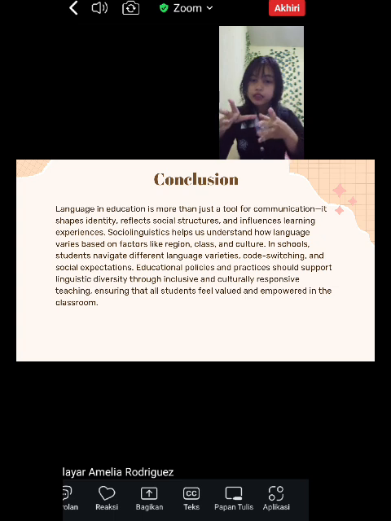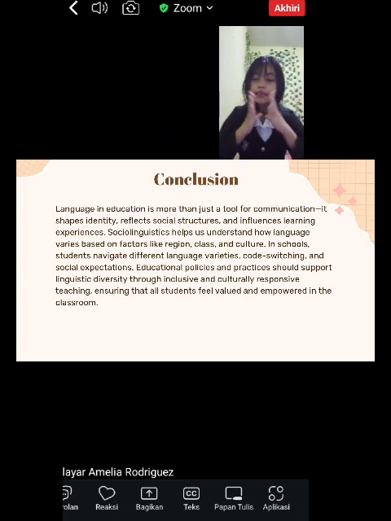Sociolinguistics helps us understand how language varies based on factors like region, class, and culture in schools. In the classroom environment, students navigate different language varieties, code switching, and social expectations.